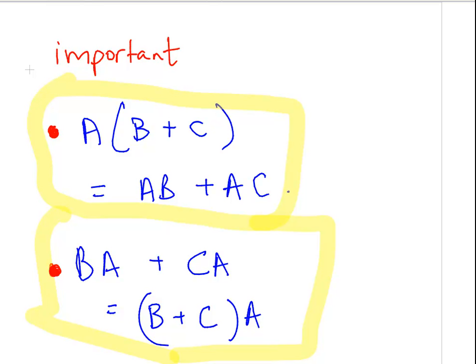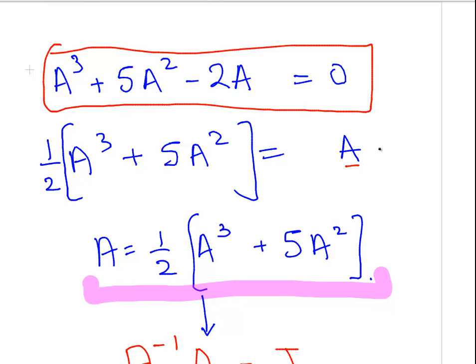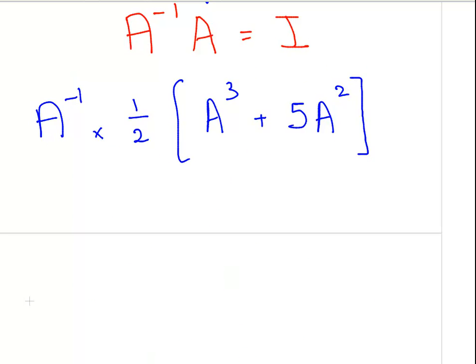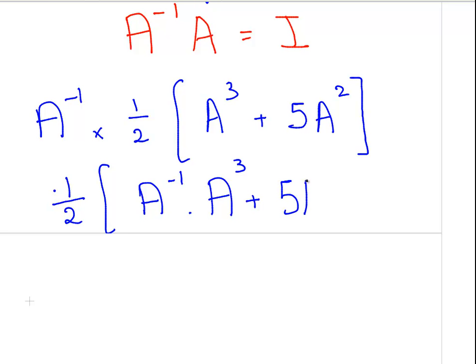So that just works, using very basic concepts like that. And we can take out that constant term at the start. So what we have here is 1/2 times (a to the minus 1 times a cubed plus 5 times a to the minus 1 times a squared). We'll leave that 5 in there for the time being. And that is equal to I.